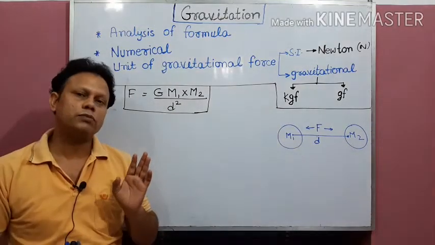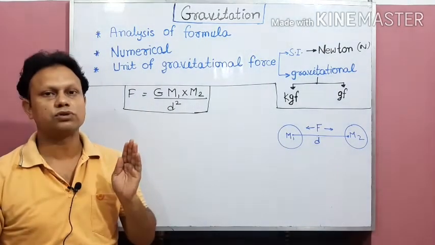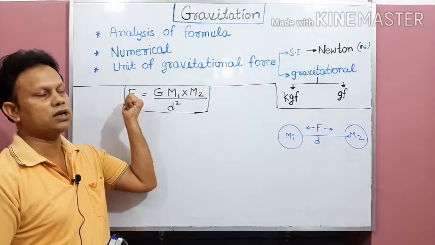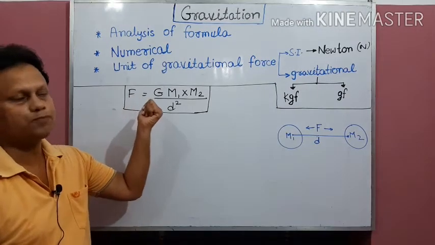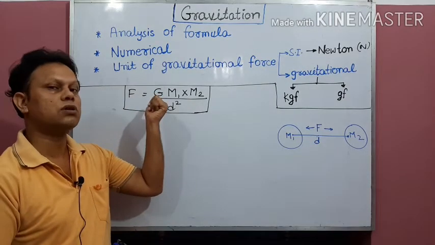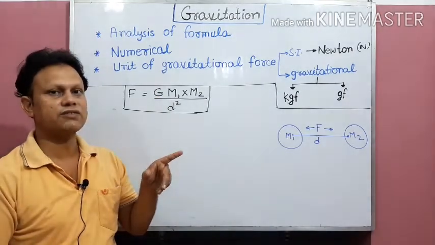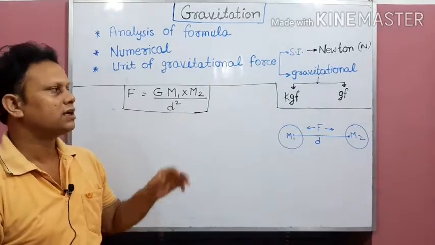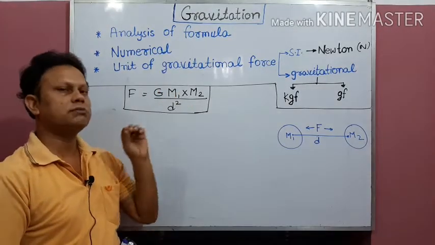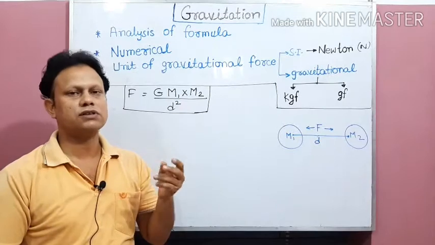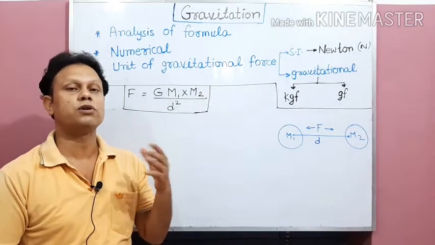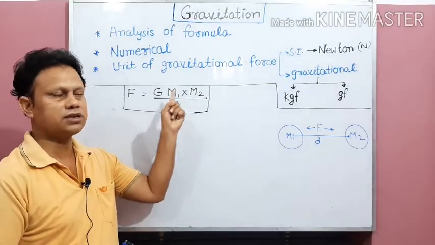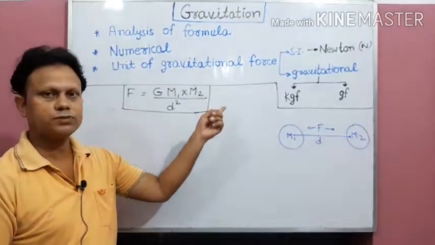Till now, from the knowledge of the universal law of gravitation, we have come to know the gravitational force formula: F is equal to G M1 M2 upon d squared, where capital G is the universal gravitational constant, having a value of 6.67 into 10 power minus 11 Newton meter square per kilogram square. M1 is the mass of the first object, because gravitational force is always found between two objects, and M2 is the mass of the other object.